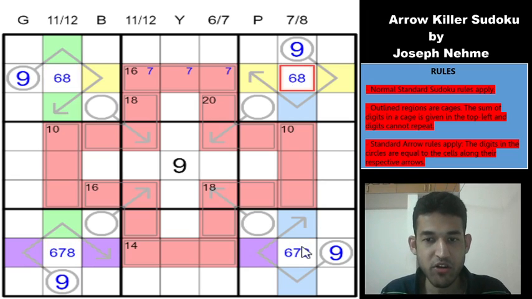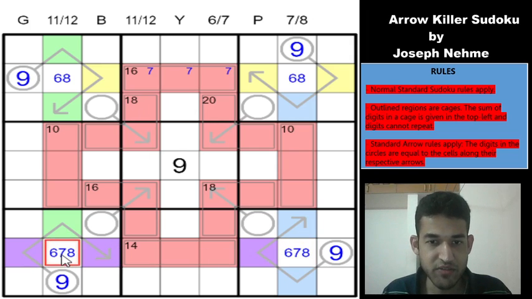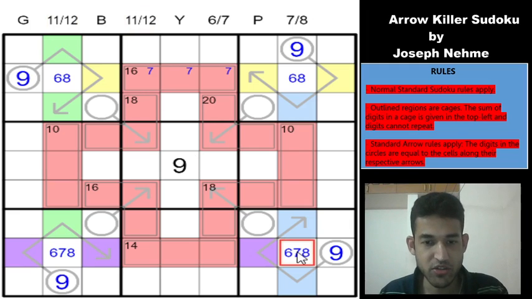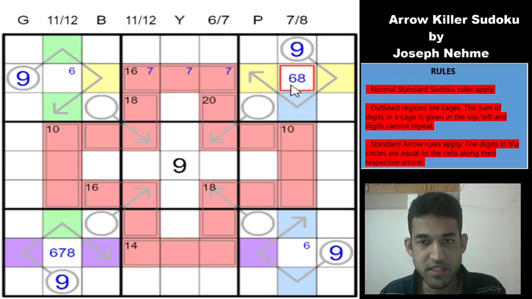So immediately it follows that 6 can be eliminated from here, right? Because if I have 6 in any of these cells, then both the sets of green and blue will become 12. But we know that we have exactly 1 degree of freedom. So I'll show you why I am eliminating 6 from here. Because if I have a 6 here, then this becomes a 6, this becomes 8, and this becomes 8, right?